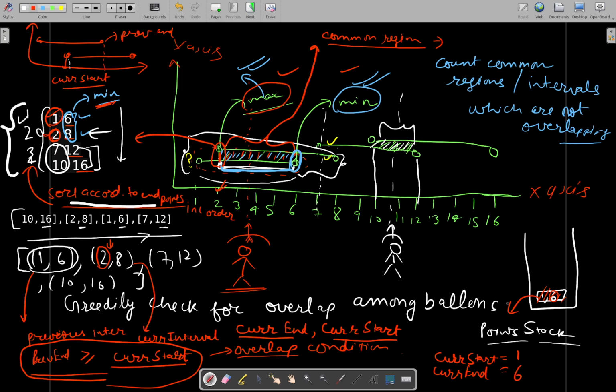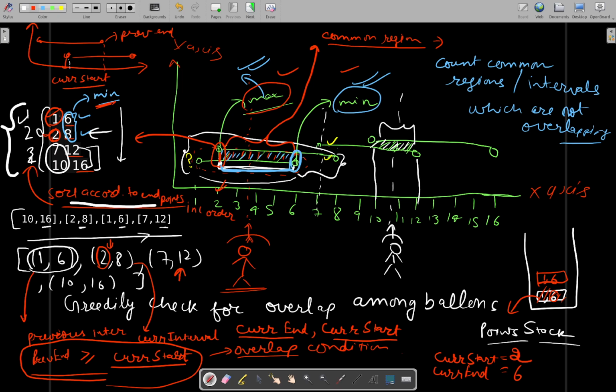So we will be pushing 1 6 into the stack, and then we will be coming to the next interval, which is 7 12. Actually, I have made a little mistake here.